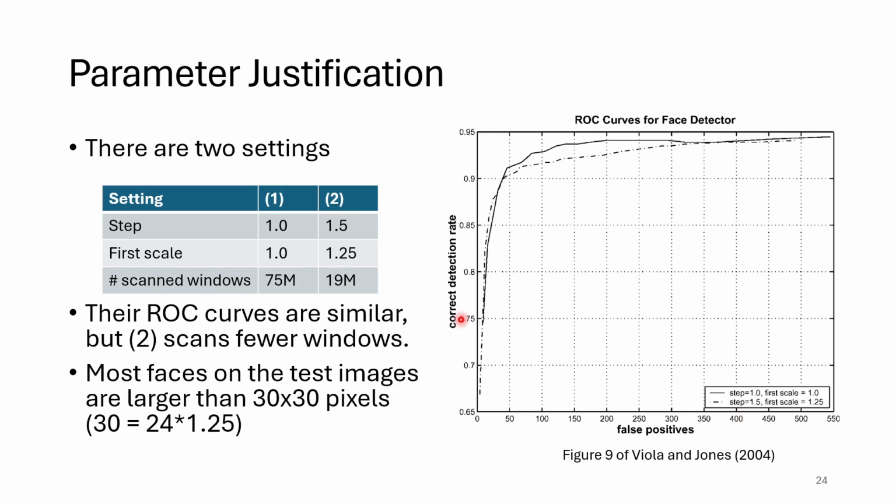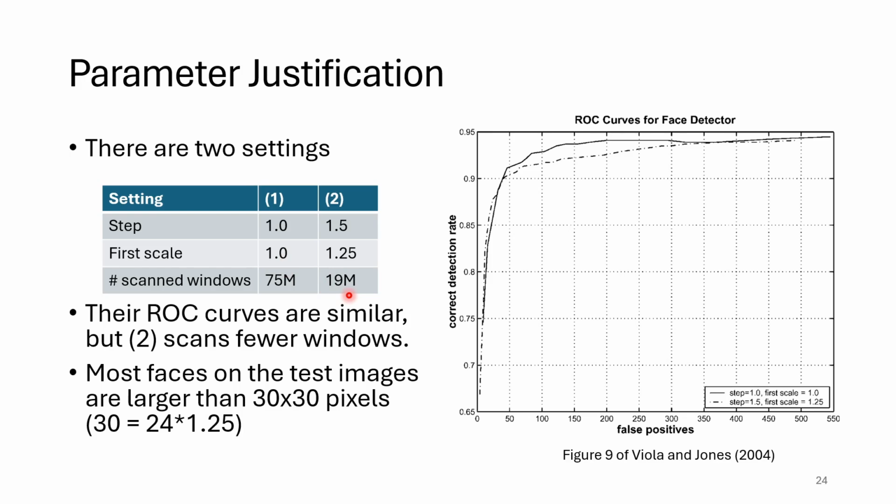This is the total number of windows they used. For setting 1, there are 75 million patches they need to check. For the second one, there are only 19 million patches. So you can see there's only a factor of 4 between the two settings.